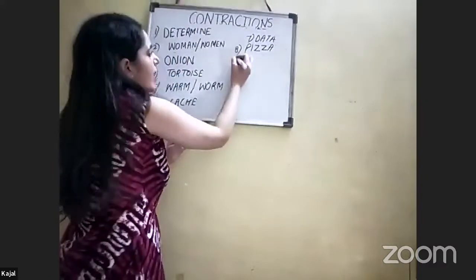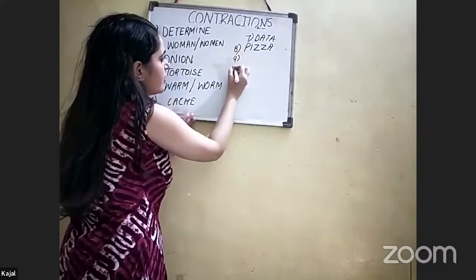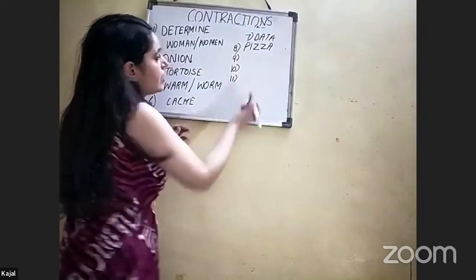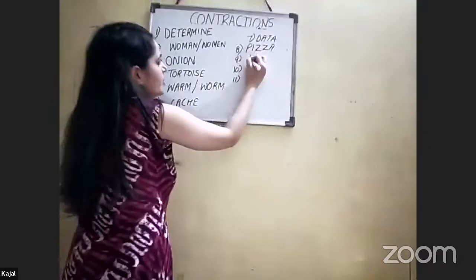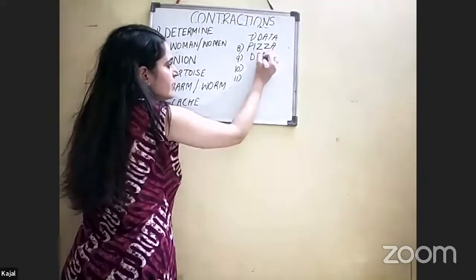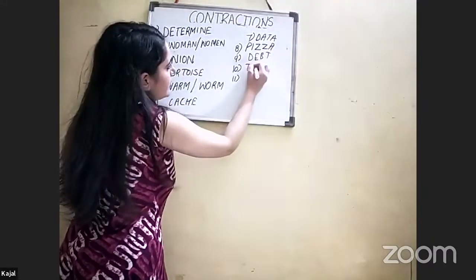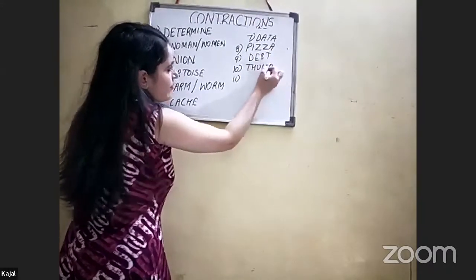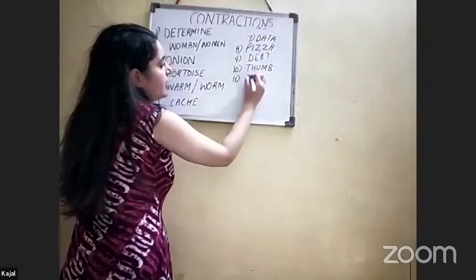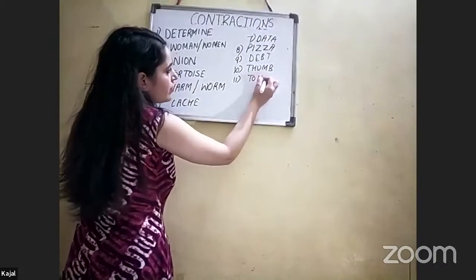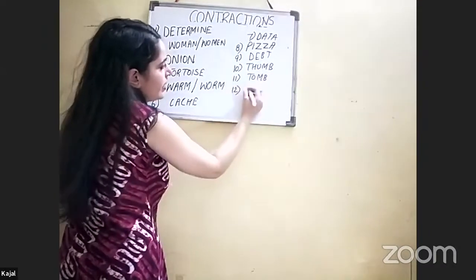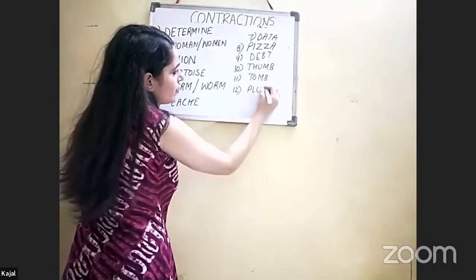Now the last, there are some words which have a silent B. So we'll start with DEBT, THUMB, TOMB, and PLUMBER.